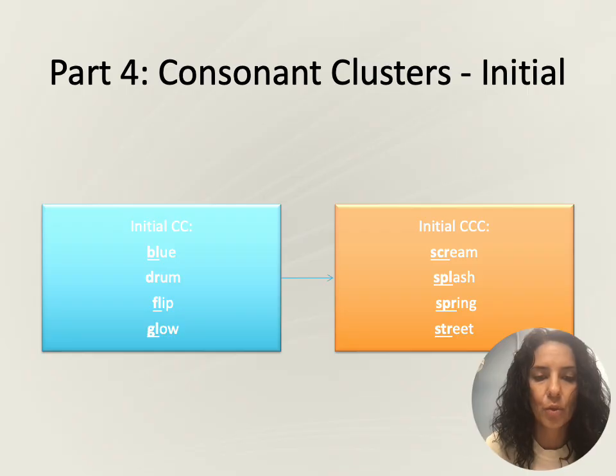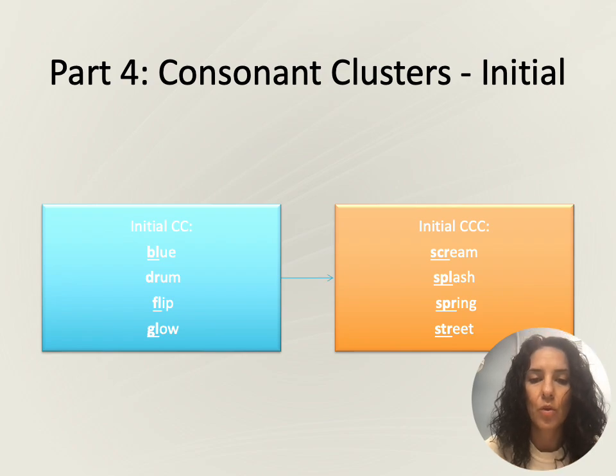Then we have drum. DR is a consonant cluster. Then we have flip, and glow. So right here we have the consonant clusters BL, DR, FL, GL.